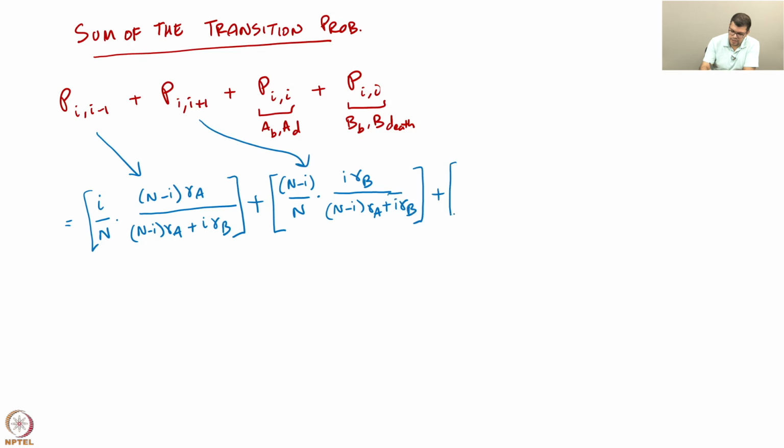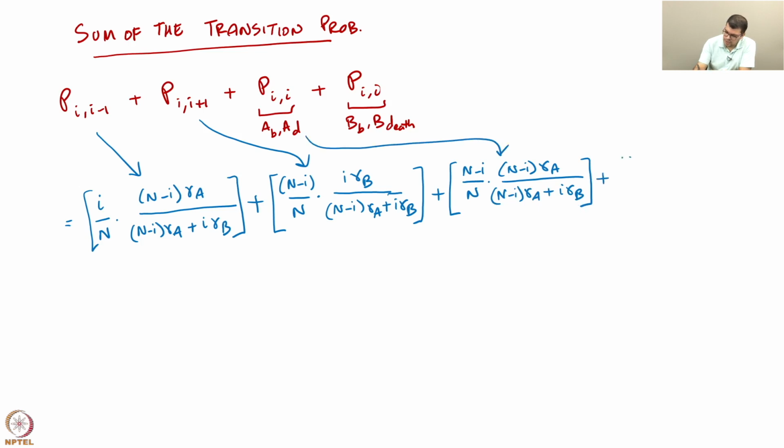Next is A born and A dying, which is n minus I upon n times n minus I times Ra divided by n minus I times Ra plus I times Rb, which is this third expression.